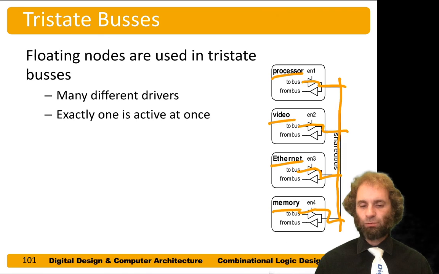And as long as we're careful that exactly one enable is true at any given time, then this bus is driven by the one thing that needs to talk onto it. And the other systems have their output floating, so they don't cause contention with the driver that's active.